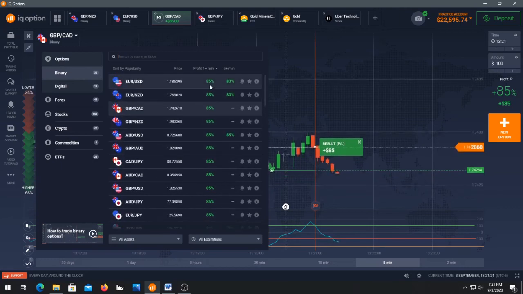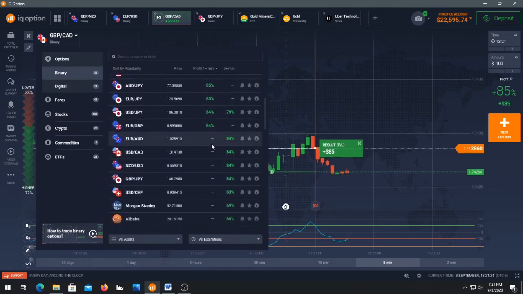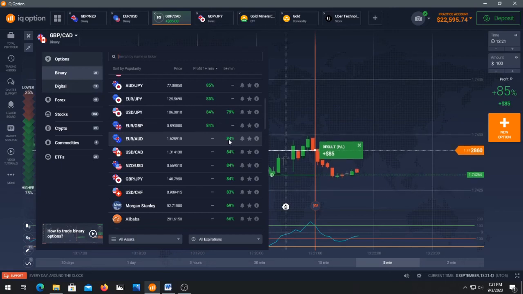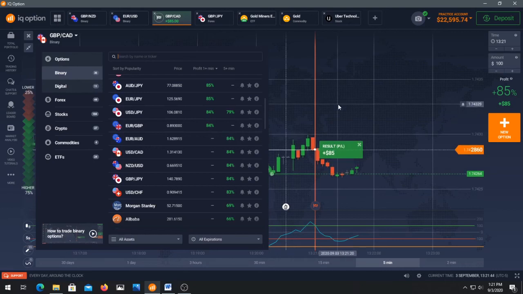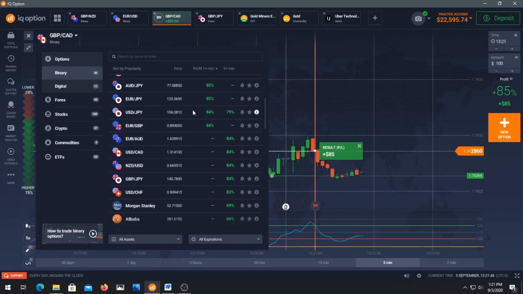On the 1 minute time frame, you get 85% of what you invest, and on the 5 minute time frame, you get 83% of whatever you invest. The ones that don't have any, well, they'll tell you. So this isn't offering anything in 1 minute. This is offering you something in the 5 minute time frame, 5 minutes plus. So you could do that one as well. But as I said, if you don't find it in one pair, you can always find it in another.